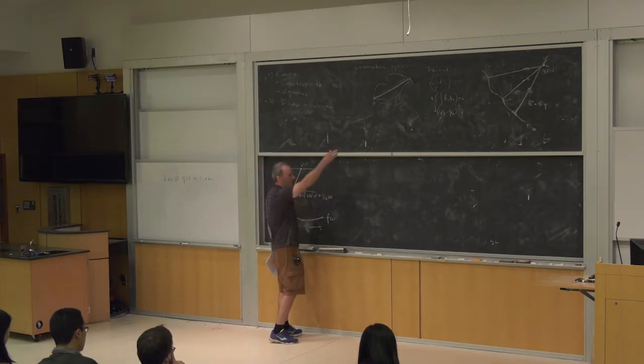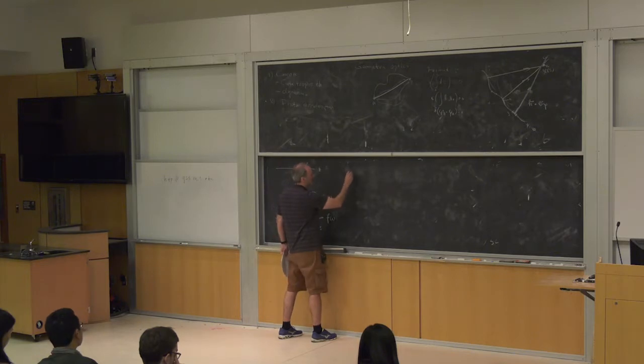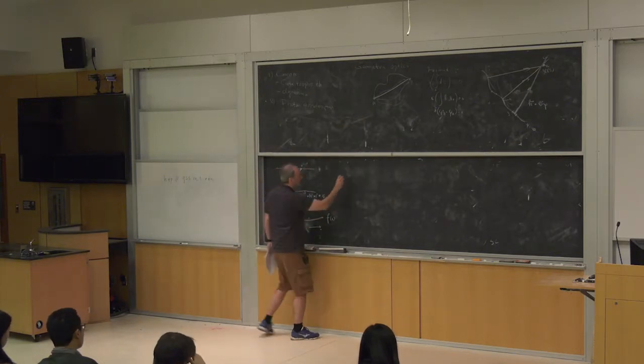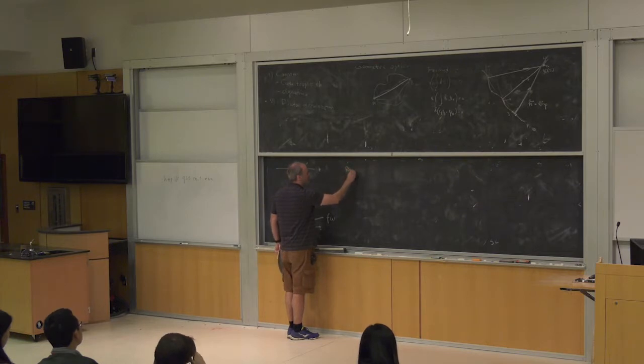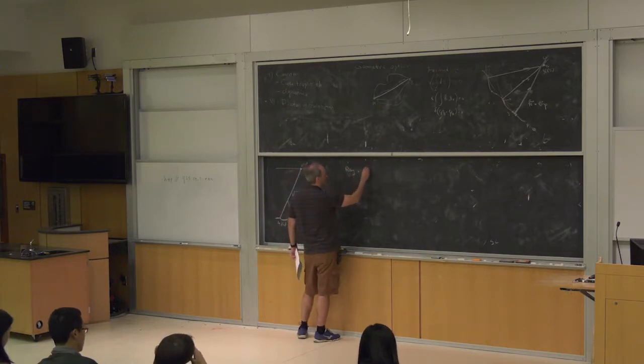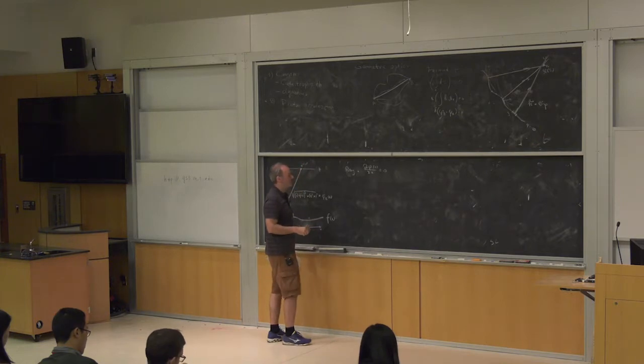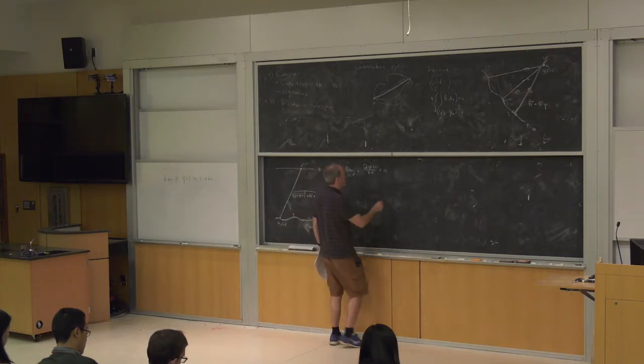Okay, so then using this equation that I erased over there, the rays are going to be defined by the condition d phi of x over dx equals 0. Right.